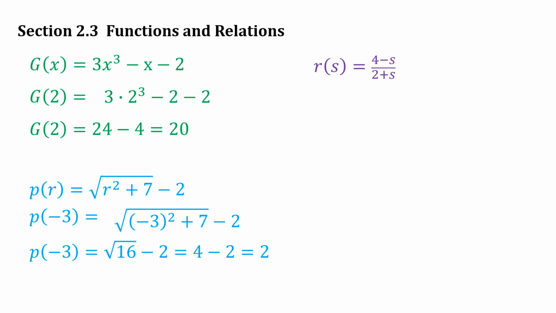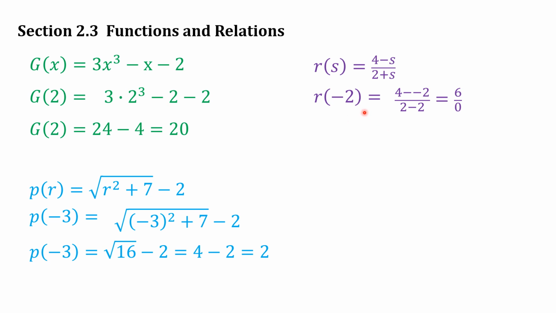So let's throw into this function negative 2. So we'll put the negative 2 in. Every place we saw an s, we're r'ing an s. So the function is r. We're putting an s into the r function, the r machine. So in this case, we're putting a negative 2 into the r machine.